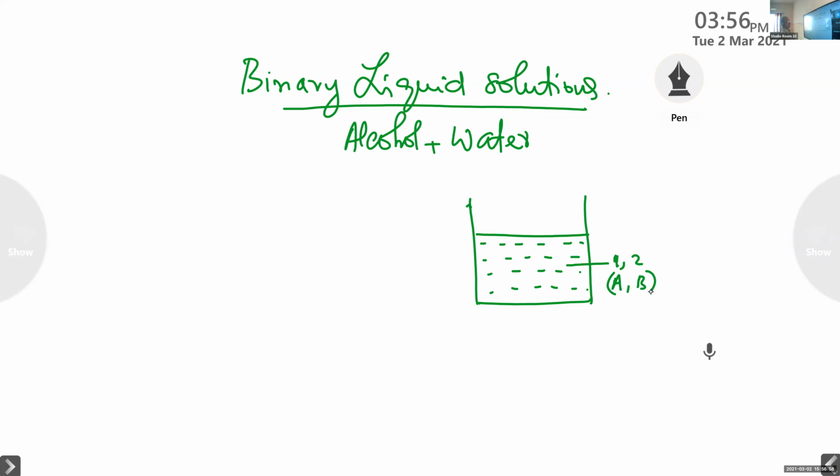Both these liquids are volatile. What is meant by volatility? Volatile means they are converted into the vapor state. That is what is meant by a volatile liquid.